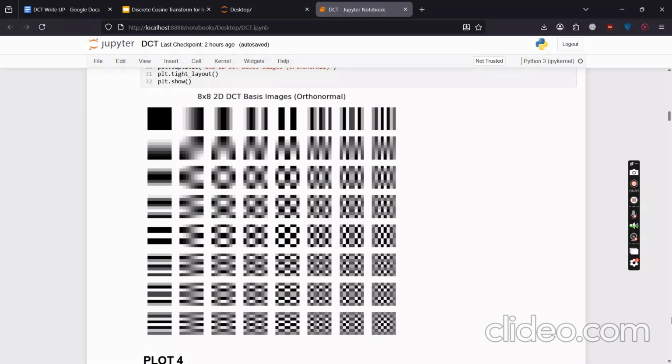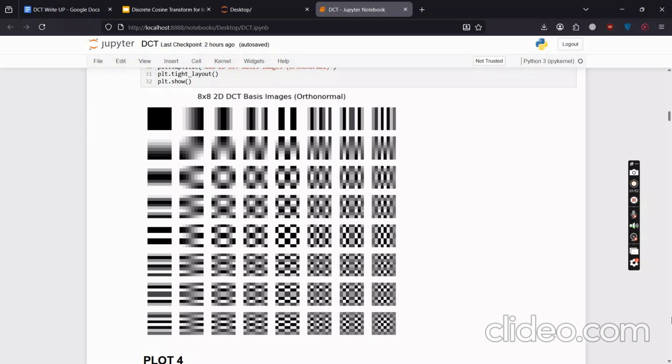As you move to the right, the patterns oscillate more rapidly in the horizontal direction, meaning the horizontal frequency increases. As you move downward, the oscillations increase in the vertical direction, meaning the vertical frequency increases.